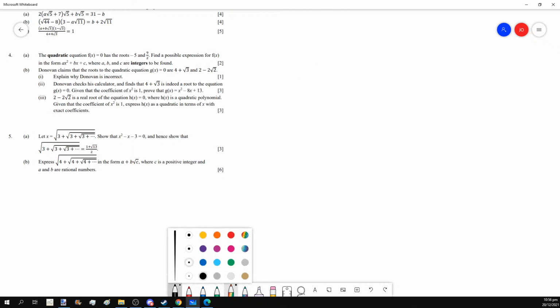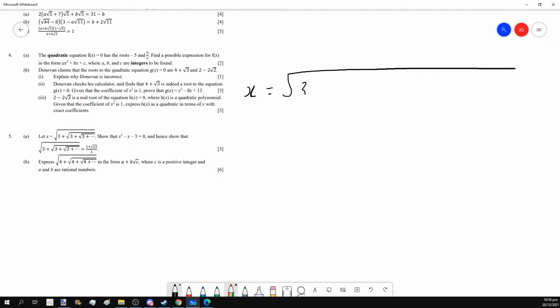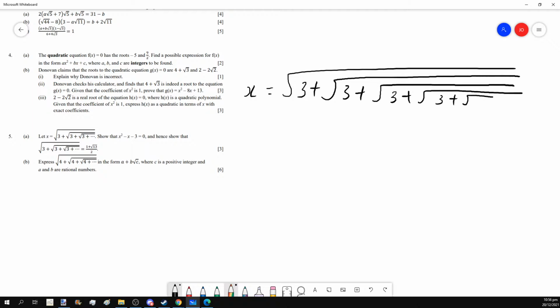The reason is because, let's say we have x equals, again, we go back to the beginning of this math problem, right? We have something that looks like this. What we realize is that the inside over here goes on to infinity, correct?